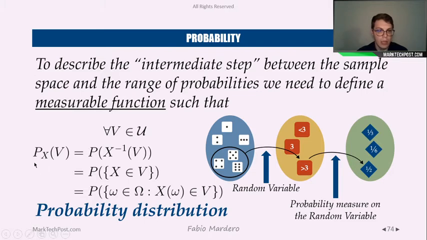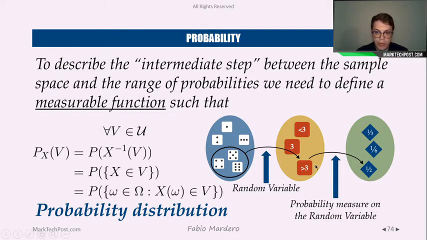And to do so, we use this convention. The probability of the event x in V is also written like this: the probability of the events that give this result V. And we can do it since x is a random variable and a measurable function. The last row here describes what I've told you.